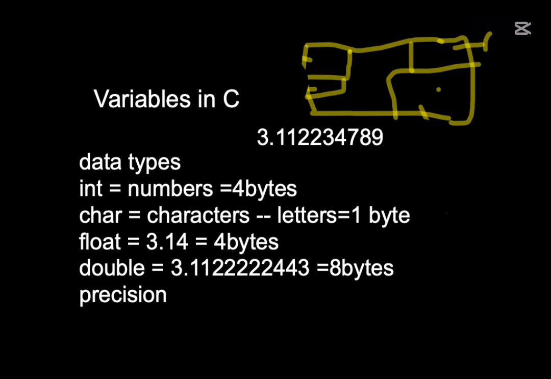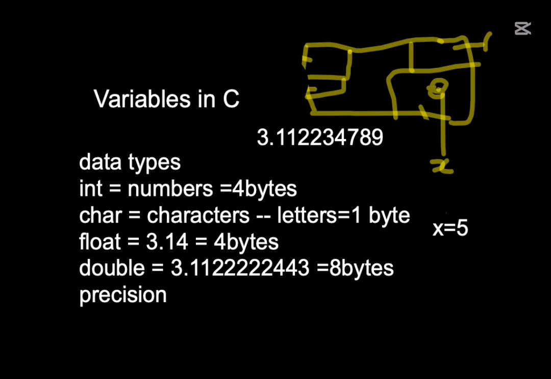So a variable is just like you telling C that I'm going to need a space here, and I want you to keep that space for me, and the name of the space is going to be X. That's a variable. And if you want to store something in this space, then you say X equals 5.